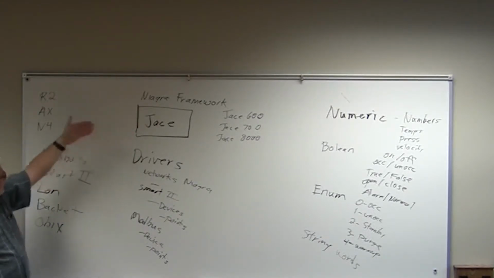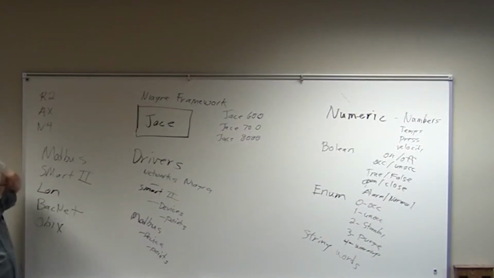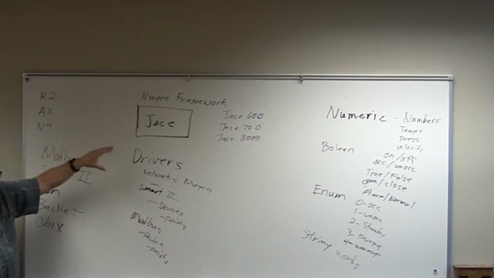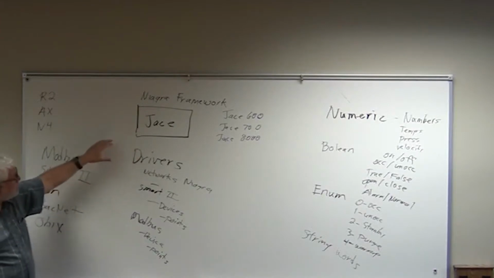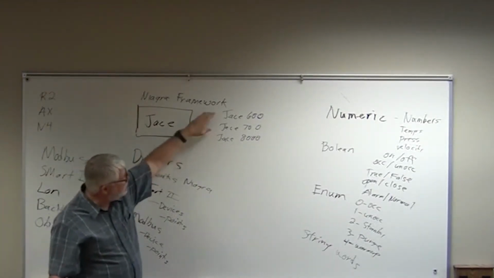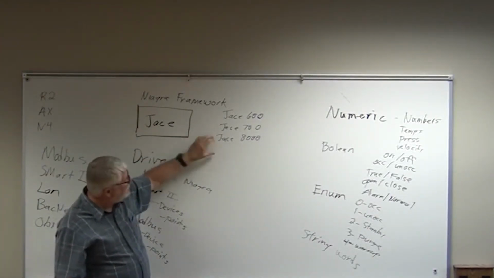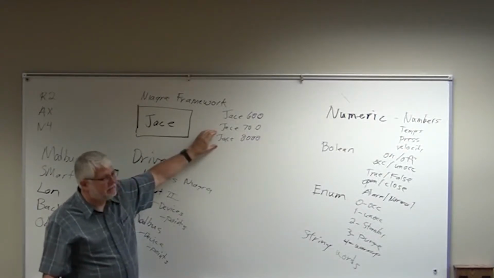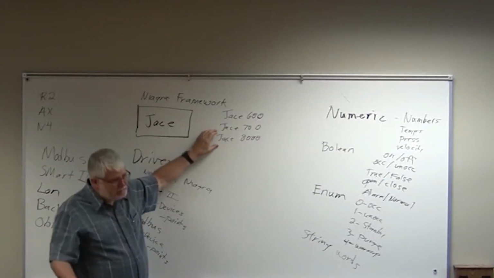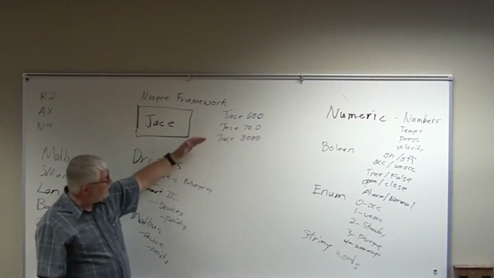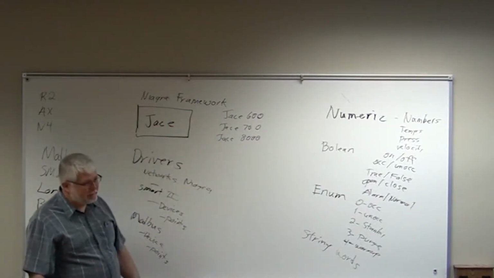When they moved to the N4 software, they decided they would give you specific drivers up front, and then you would buy a capacity for that JACE. Instead of selling multiple JACEs with capacities, they're just selling one JACE that has lots of memory, lots of power, but they're limiting what it can do based on what you buy for it.